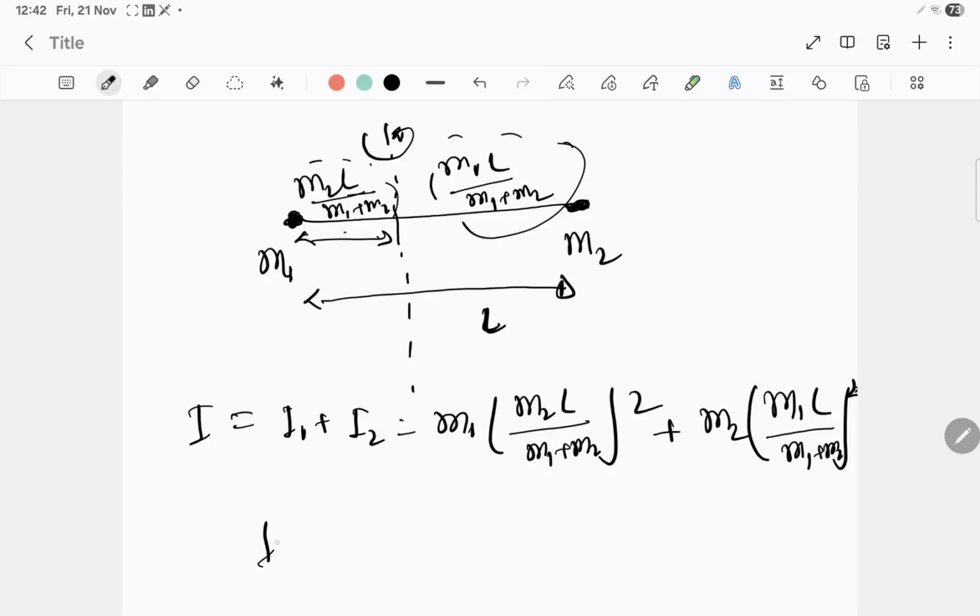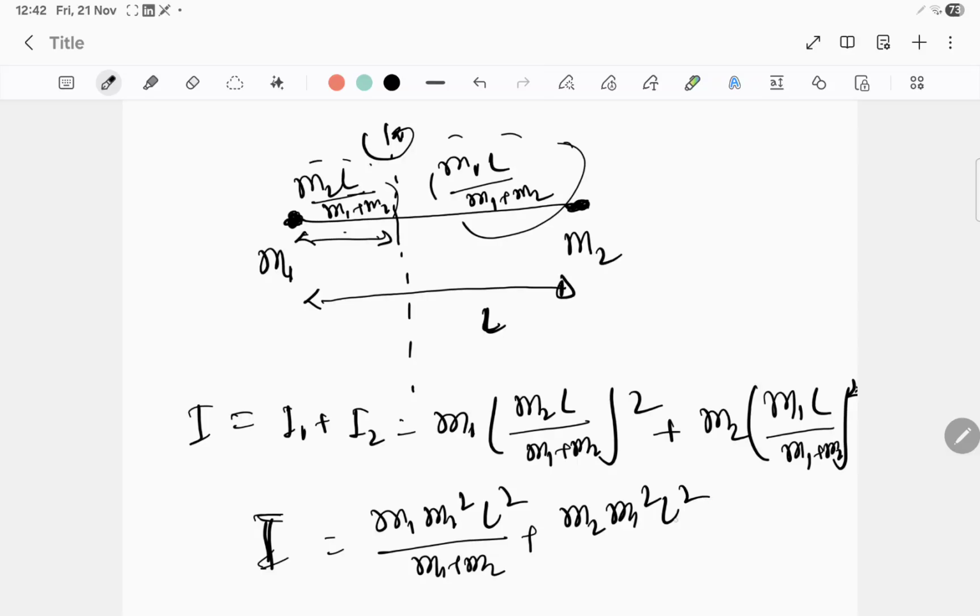After solving all these things, what we get is m1 m2 square L square upon m1 plus m2 whole square, plus m2 m1 square L square upon m1 plus m2 whole square.